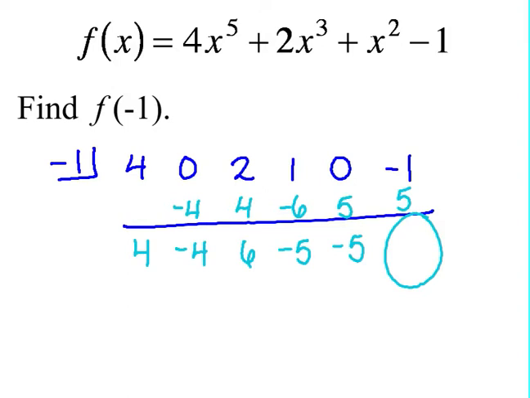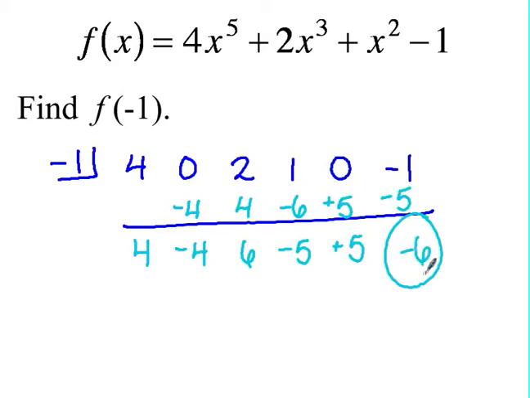Add them down, you get 6. 6 times -1 is -6. Add them down, you get -5. This should be -5 times -1, which is +5. Add them down, and you get -6.